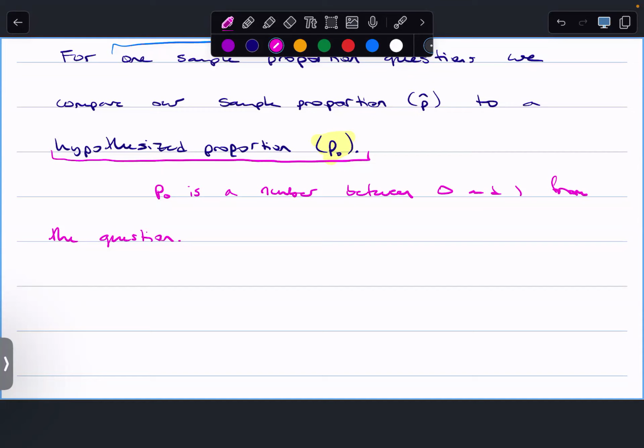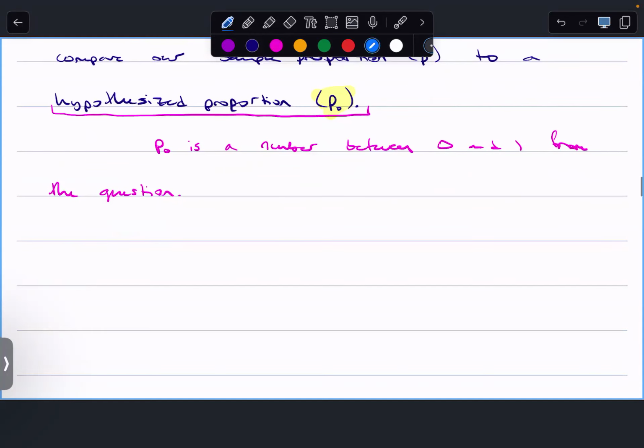That's probably the hard part, because sometimes this hypothesized proportion, or the number that you want to compare your sample proportion to, is kind of hard to find. One of the main ones that always kind of wreaks havoc is if I say the majority.